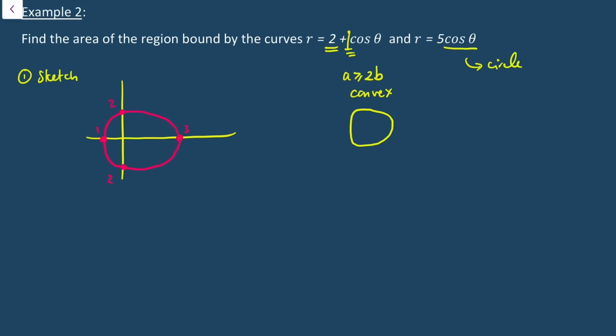And then I'm going to sketch my circle, which is symmetrical about the initial line. So it's going to look like that, going through 0, 0. And it's going here through, well, I know that cos of 0 is 1, so it's going to go through 5 there.